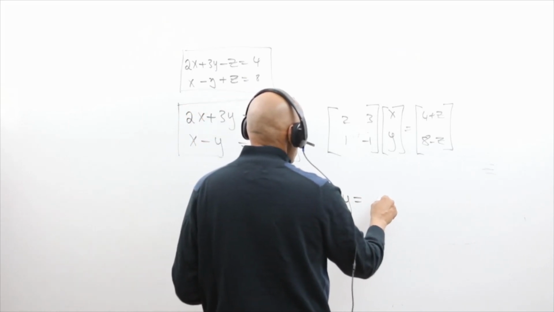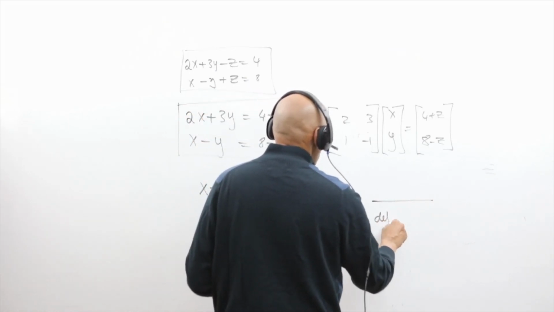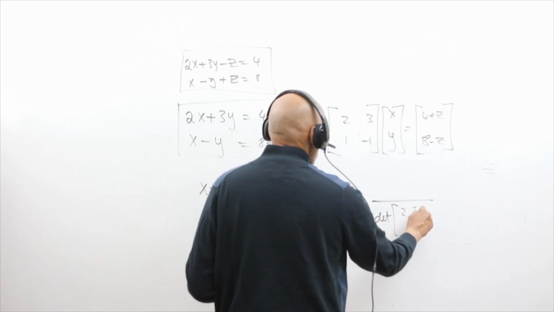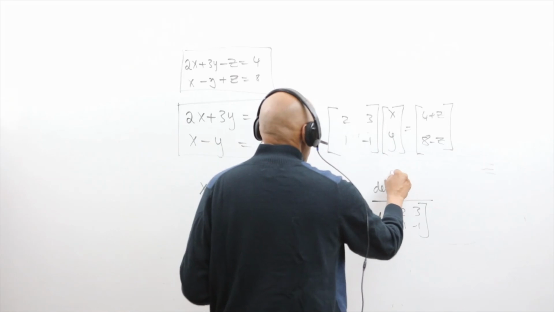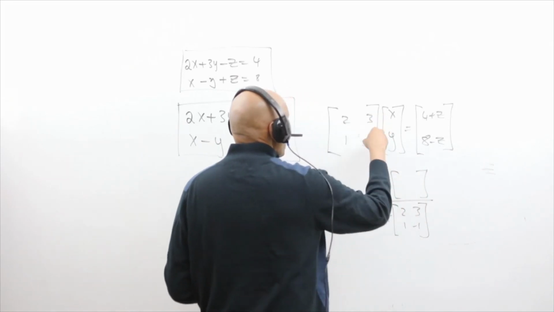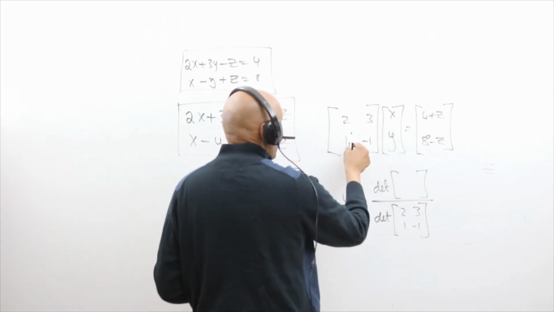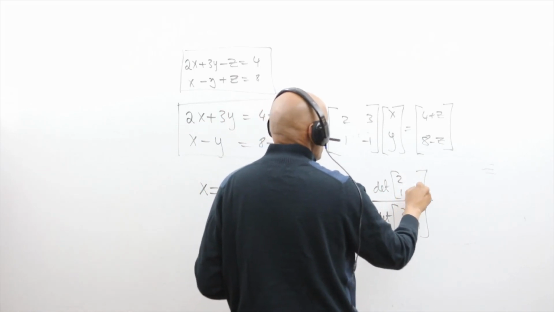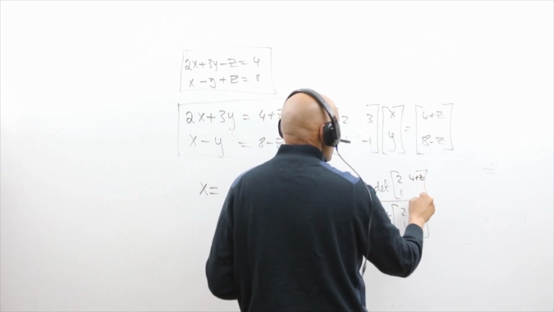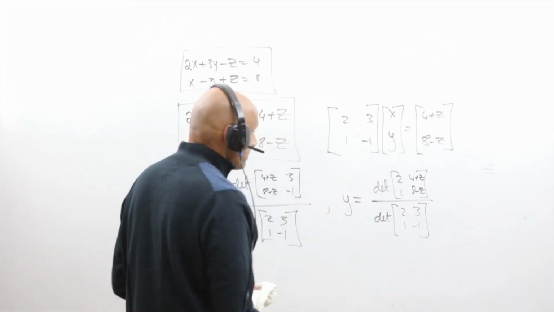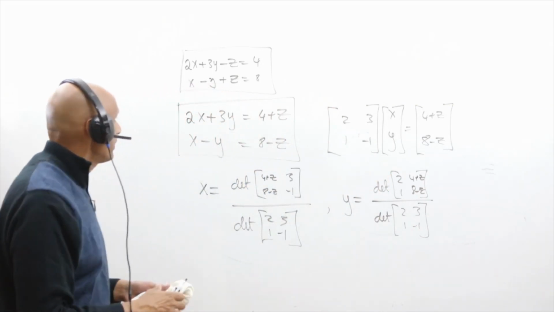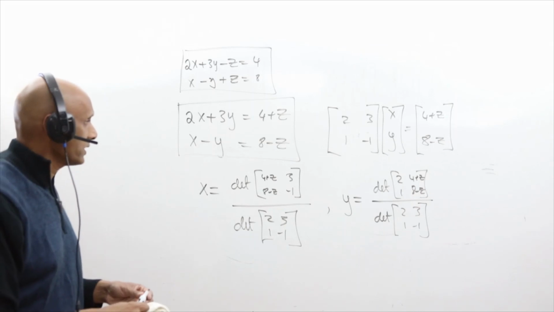Y is equal to the ratio of two determinants. The bottom determinant stays the same as 2, 3, 1, minus 1. And for the top determinant, find the column associated with y, which is the second column. So we're going to replace that with 4 plus z, 8 minus z. And again, we expand and get an answer as a function of z.